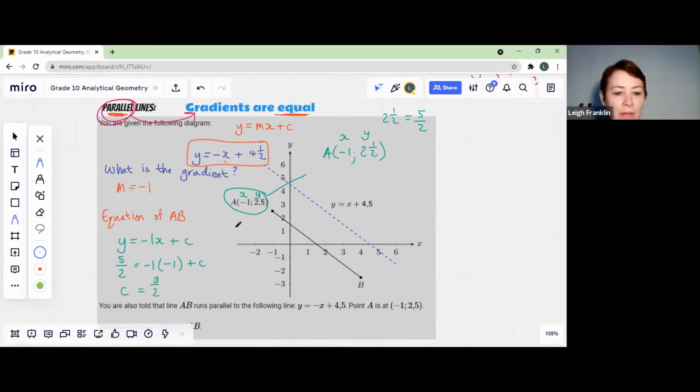Good, David. Perfect. Okay, so that means that the equation of line AB is the line y equals minus 1x. Remember, I don't have to write the 1. Okay, plus 3/2. How does that feel, grade 10s?